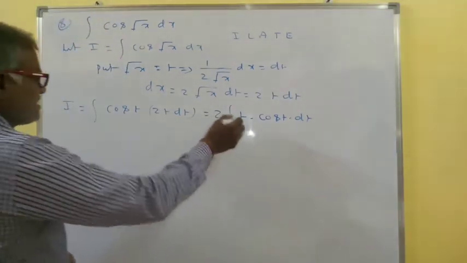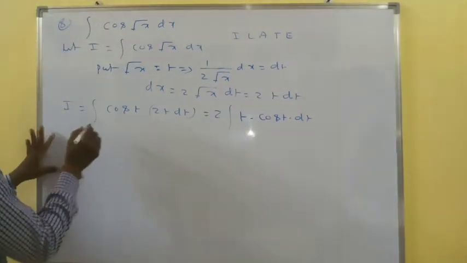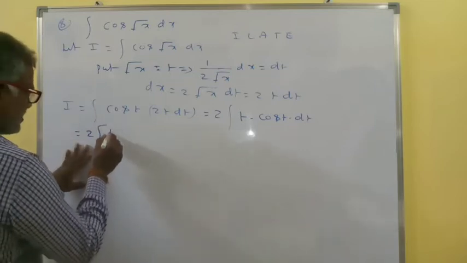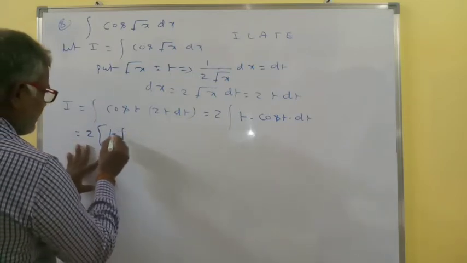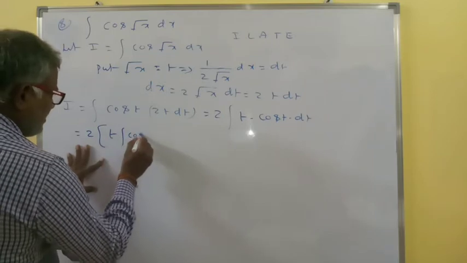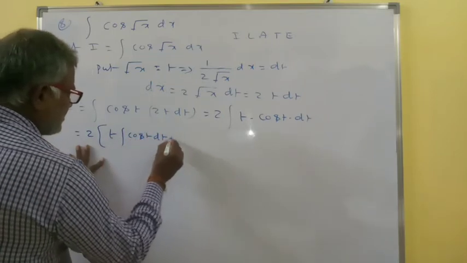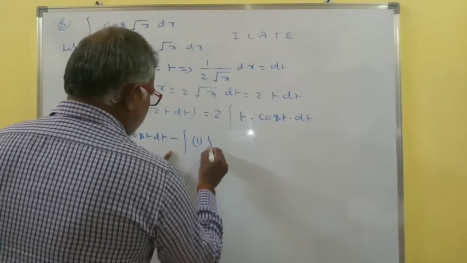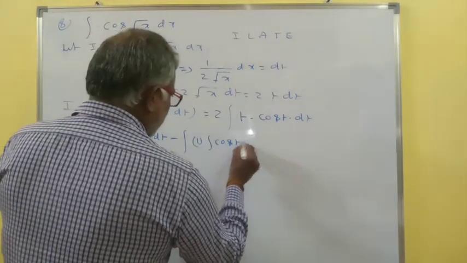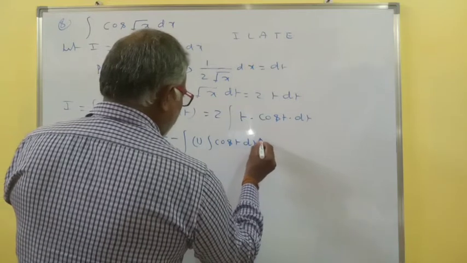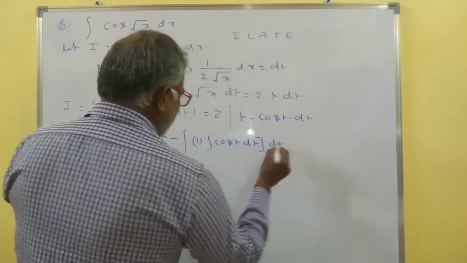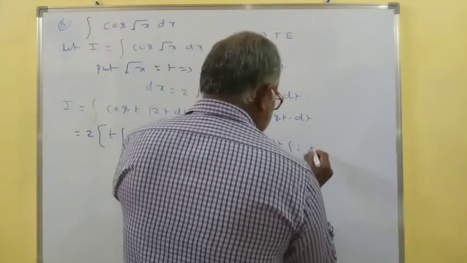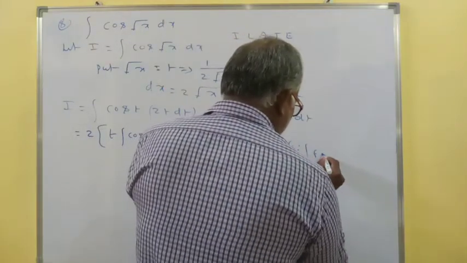So here, same thing, you should write down 2 into first function into integral of second function, minus the derivative 1 into integral of cos t dt, into dt. Now here in this one, you should write simply f of x dx.